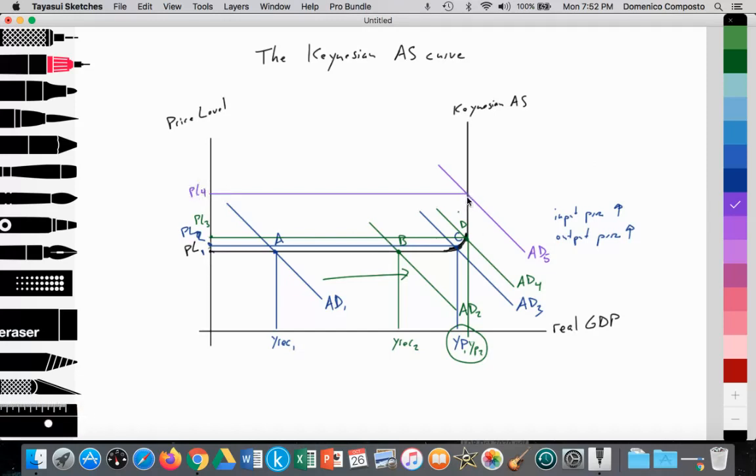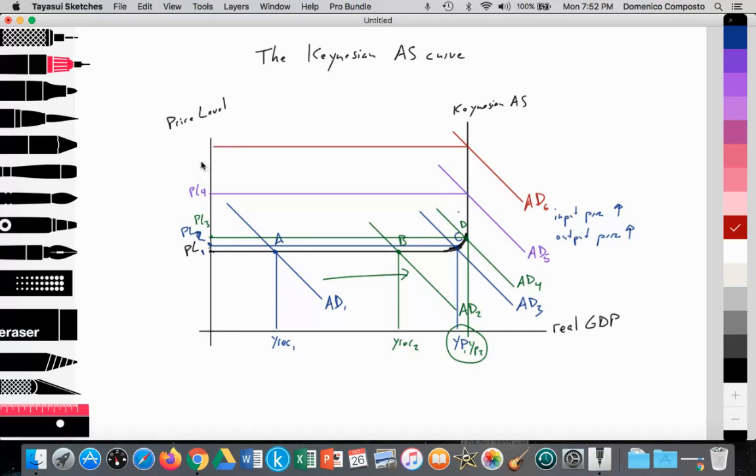All resources are fully employed, and increased aggregate demand just leads to an increase in prices with no real change in output. So we're starting to get excessive levels of inflation, and the same thing if AD was to continue to increase to AD6, right? No real increase in output, just an increase in the price level. PL4 to PL5.